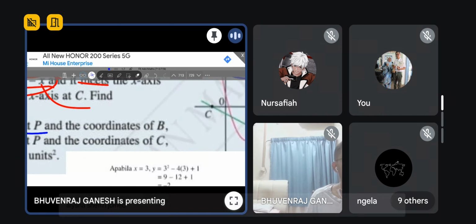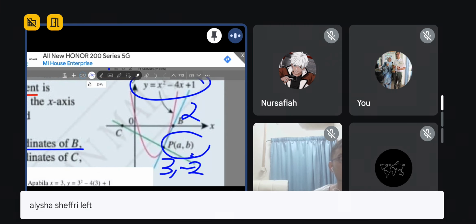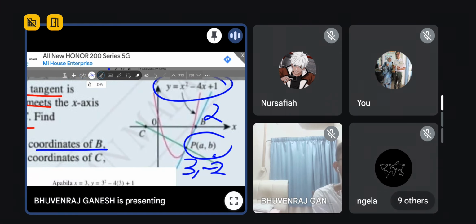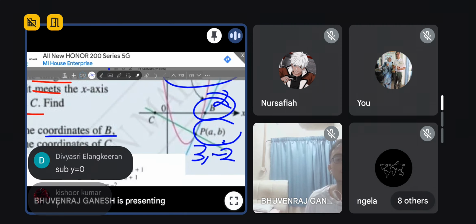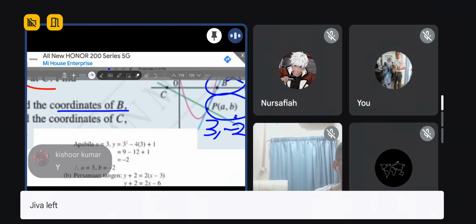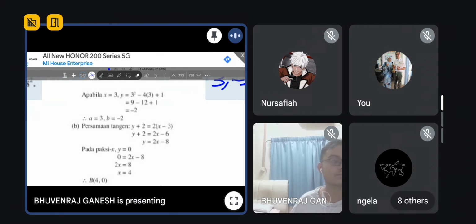So next one, they ask you to find coordinate B. Cari coordinate B. So how to find coordinate B? Basically, coordinate B is your x-intercept, pintasan x. So pintasan x, substitute y equal to 0. Correct. Okay, so that means you will get coordinate B is (4, 0).